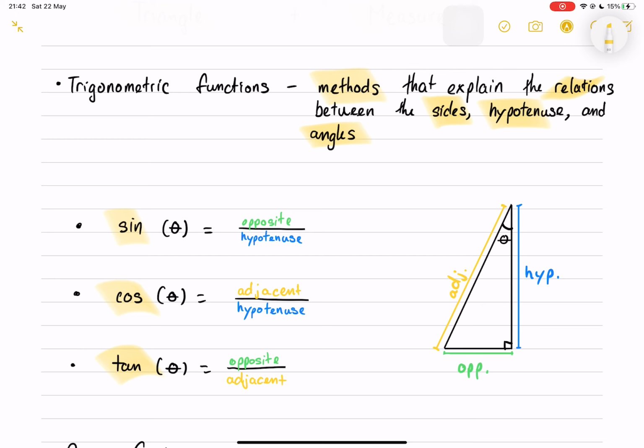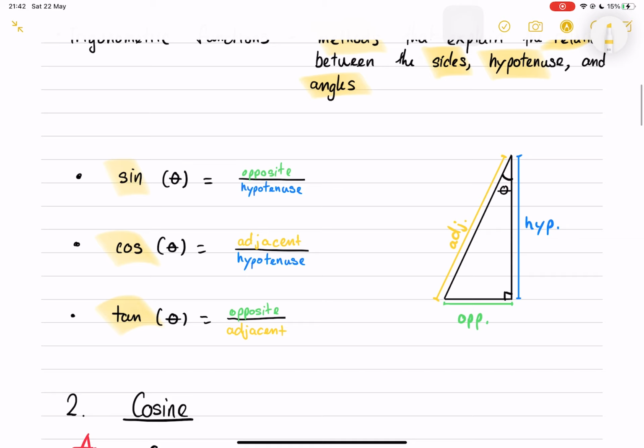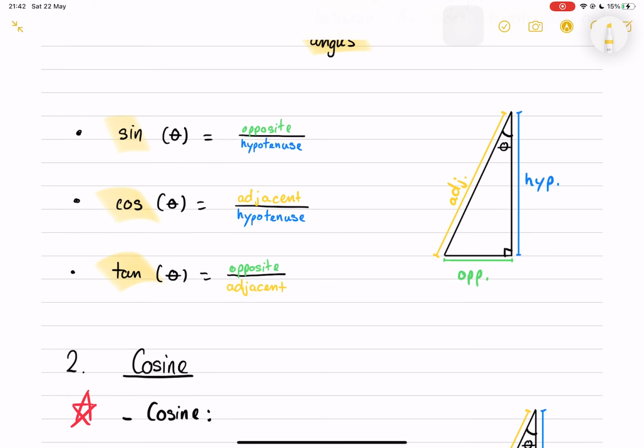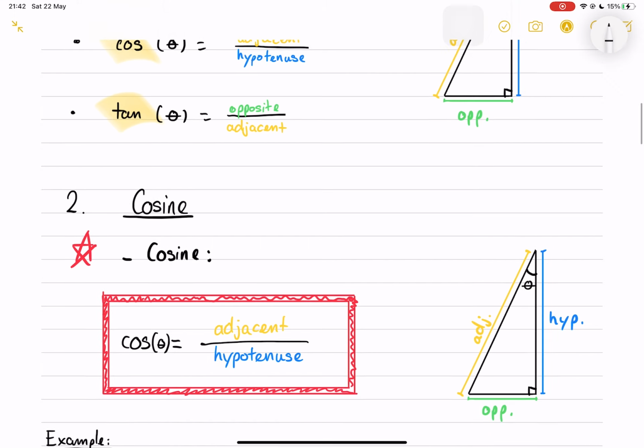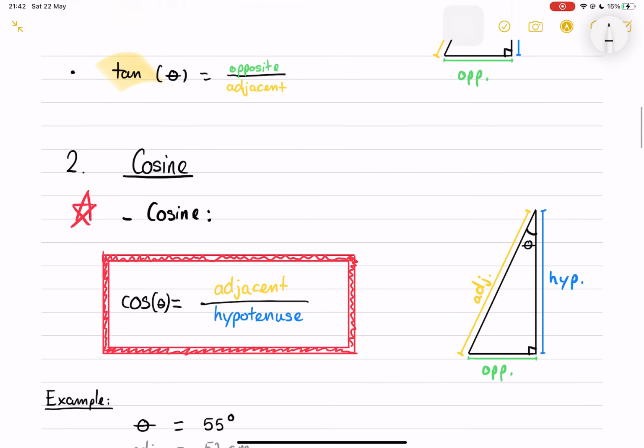The sine formula is the opposite divided by the hypotenuse, and cosine is adjacent divided by hypotenuse. Tangent is opposite divided by adjacent. But we're going to learn about cosine for today. Sine and tangent we'll learn probably another day.